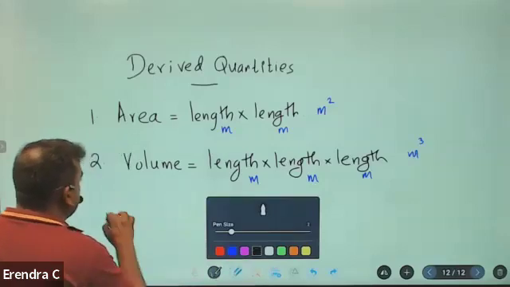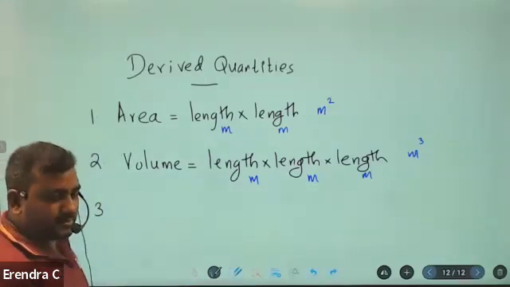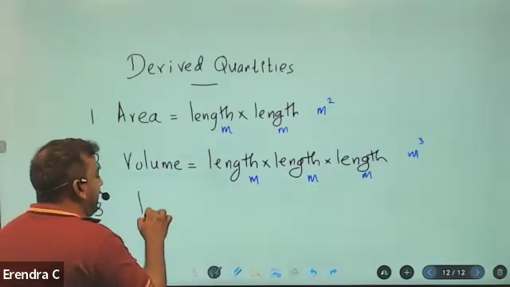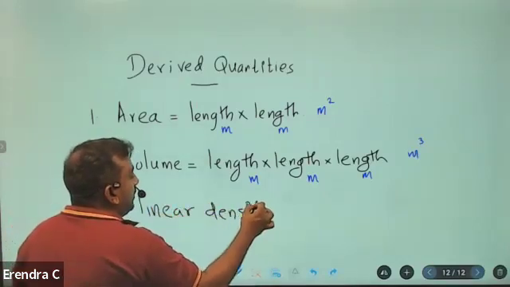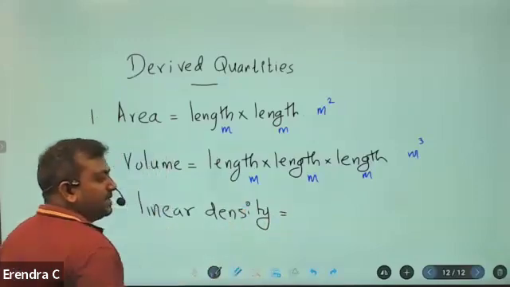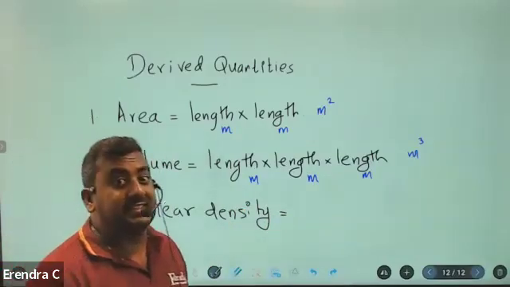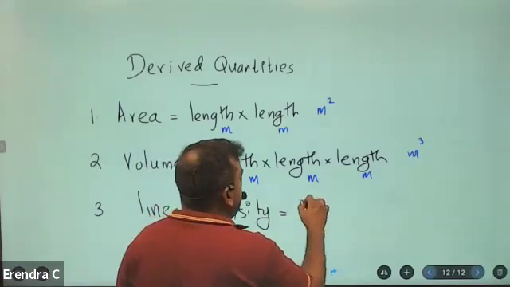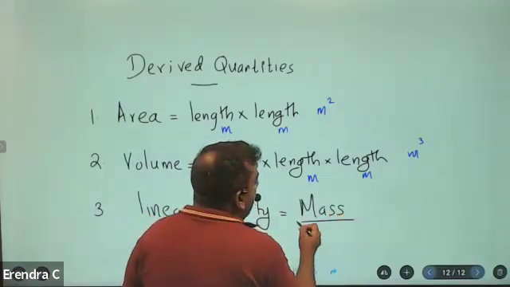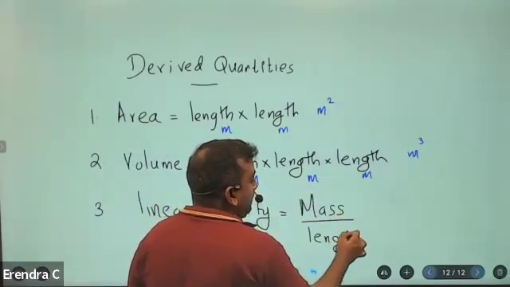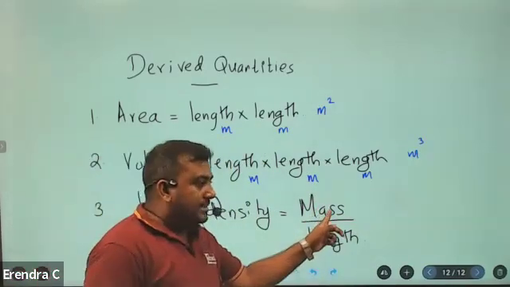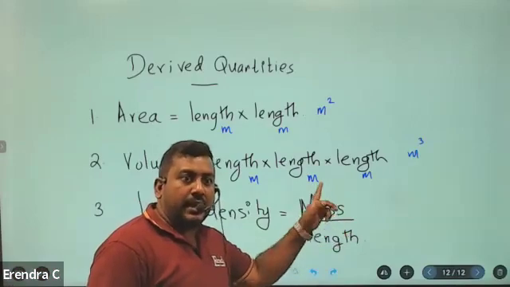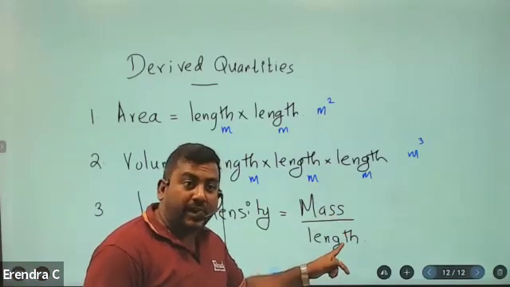Look at this. Third one. This might be new for you. Linear density. You will say, sir, I know the density is mass over volume. No. Linear density is mass divided by length. Mass is fundamental. Length is fundamental.